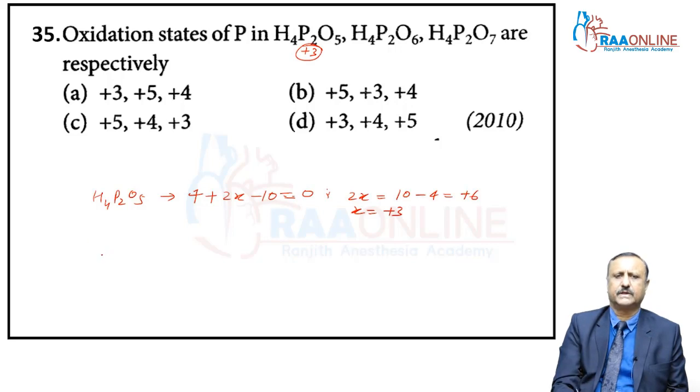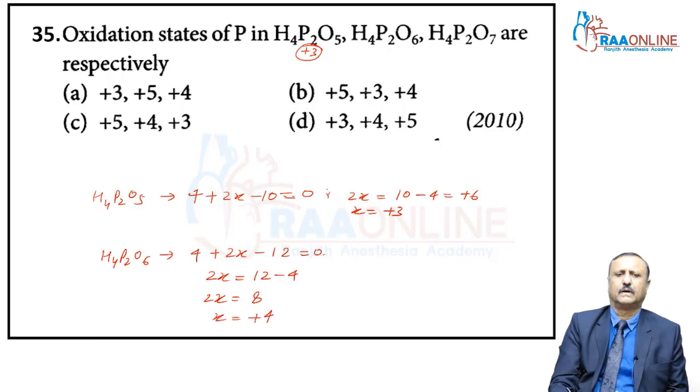Now we can determine the oxidation state of H4P2O6. 4 for hydrogen, and the phosphorus oxidation state is determined by 2x minus 12 is equal to 0. So, my dear students, 2x is equal to 12 minus 4, which means 8, and x is equal to 4. In H4P2O6 you get the plus 4 oxidation state, then here you obviously get the plus 5, because 3, 4, 5 are present.